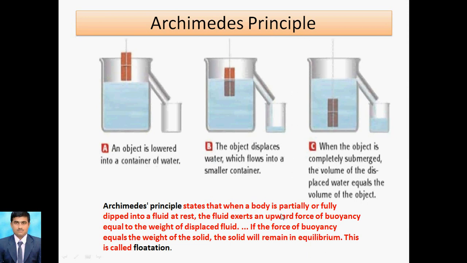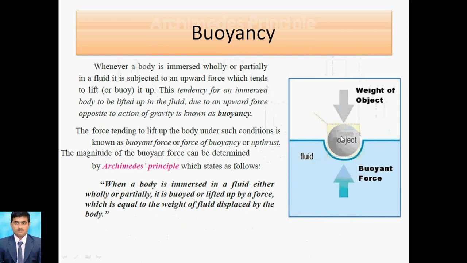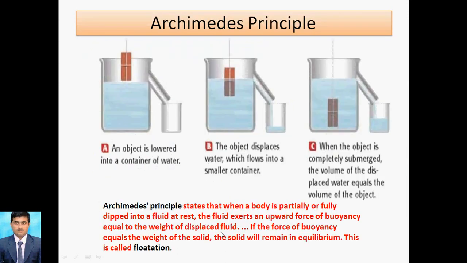Here the force of buoyancy is equal to the weight of the solid. If the force of buoyancy, which is opposite to the weight of the object, is equal to that weight, the solid remains in equilibrium. Both should be equal, and only then is there equilibrium.